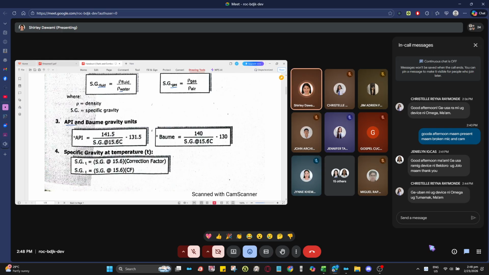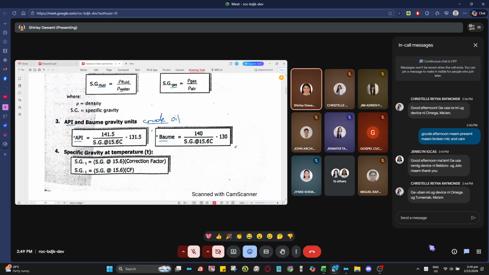Next we have degrees API and Baume gravity units. So kani siyang degrees API o Baume, ginagamit ni siya to indicate the quality sa crude oil. No, specific ni siya for crude oil. Mura ba og i-determine how light or heavy crude oil is, by finding its degrees API and degrees Baume.